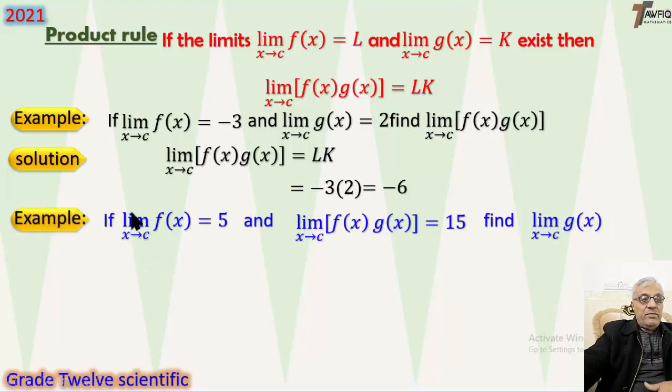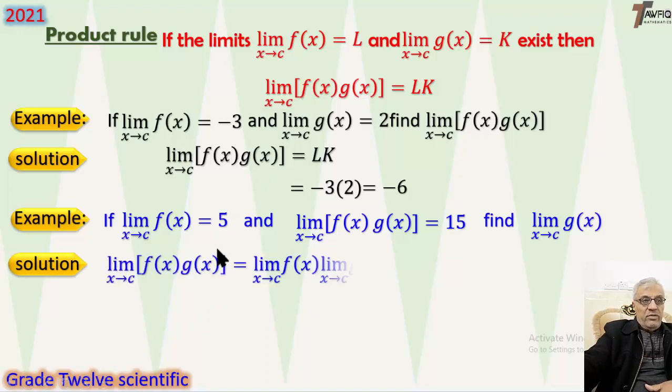And if we have the limit as x approaches c of f(x) equal to 5 and the limit as x approaches c of f(x) times g(x) is 15, find the limit as x approaches c of g(x). We have the rule that the limit of f(x) times g(x) is equal to the limit of f(x) times the limit of g(x).